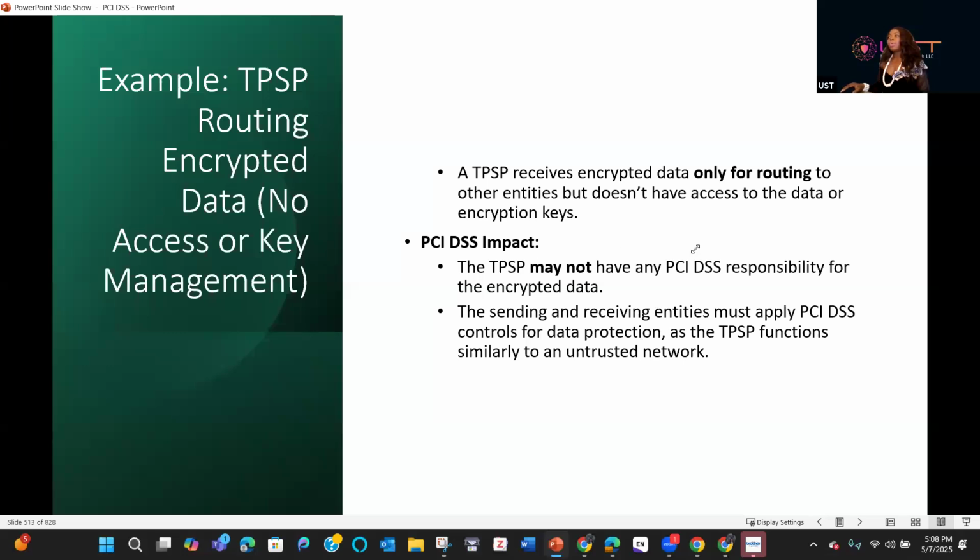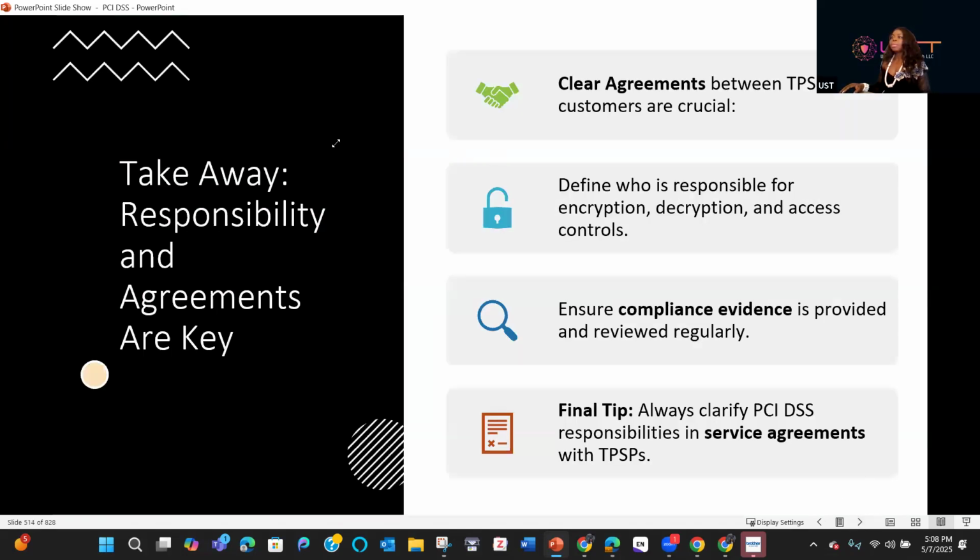Do you see? The third party receives encrypted data only for routing to other entities, and that's why the sending and receiving entities must also comply with PCI DSS for data protection, as the third-party function is similar to an untrusted network, right?